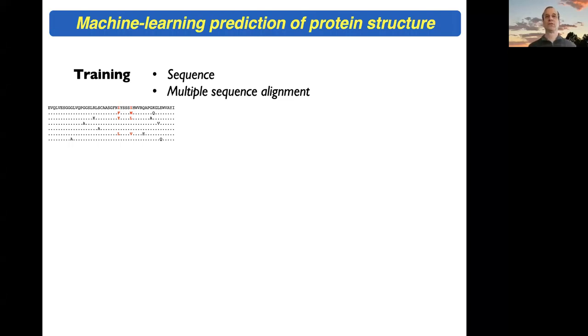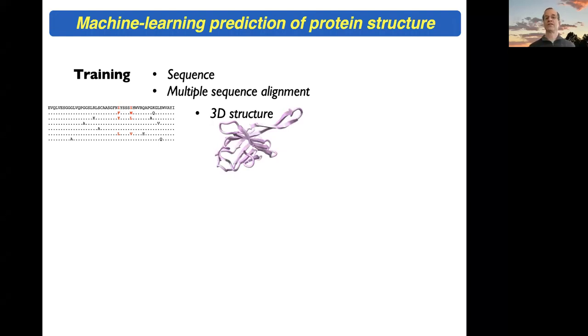Basic input, a sequence of a protein. Constructed from that, typically automatically, is a multiple sequence alignment showing the alignment of related proteins and all the differences or similarities of amino acids.